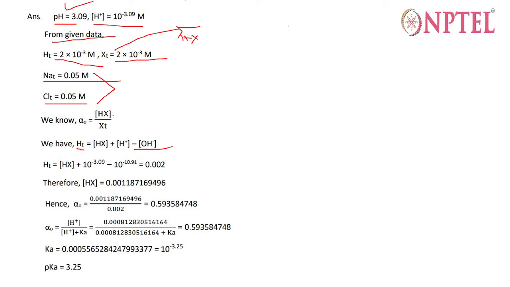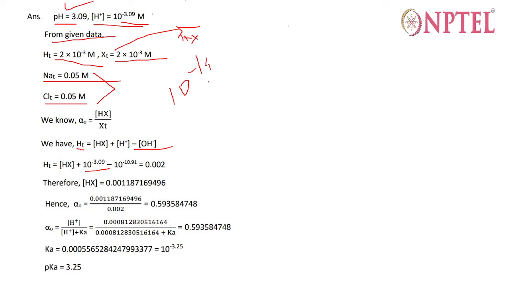These are the species. So I can write HT equals HX. We don't know what is the concentration of HX. We can write the concentration of H plus ion. I know what is the pH. Sorry, pH was 3.09. So H plus concentration was 10 to the power minus 3.09. I can write that easily. And I can also write what is the OH minus ion. Total will be 10 to the power minus 14, right?